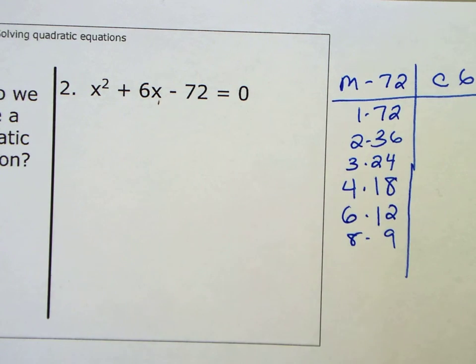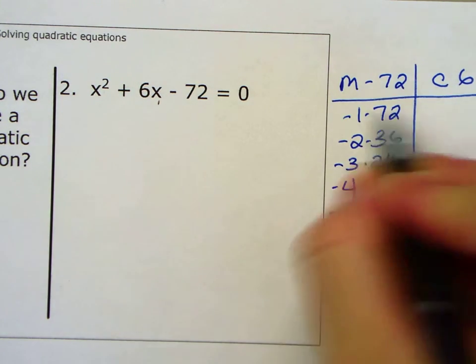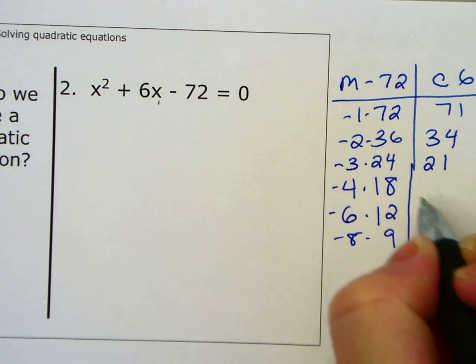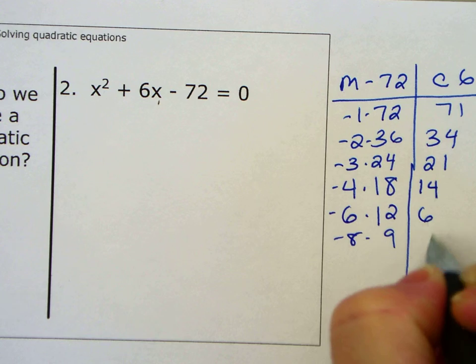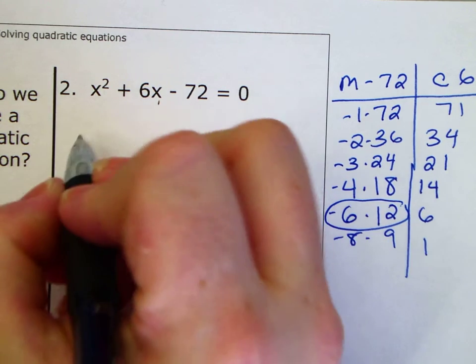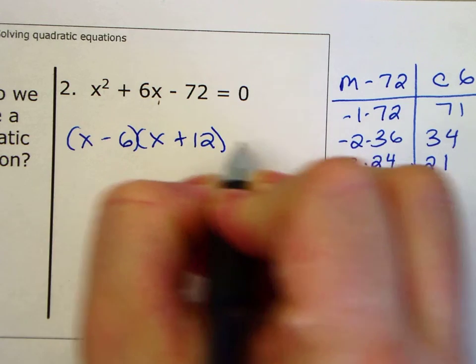Now we're multiplying to a negative, so one of them has to be negative. Add across. 34, 21, 14, 6, and 1. So which one gave you 6? So that's what goes in the parentheses. X minus 6, x plus 12 equals 0.